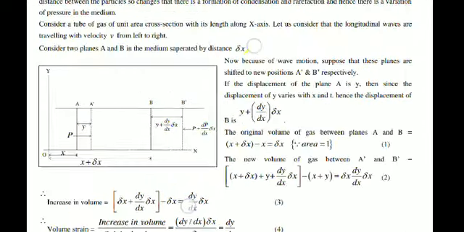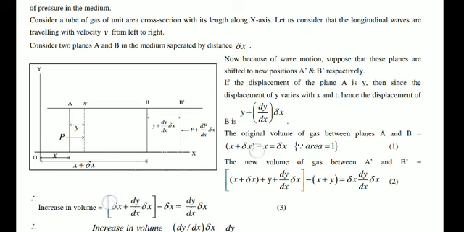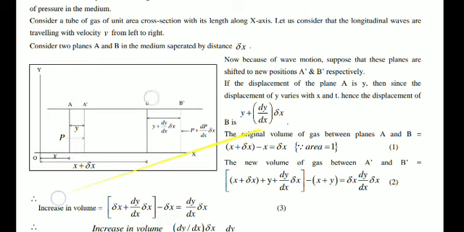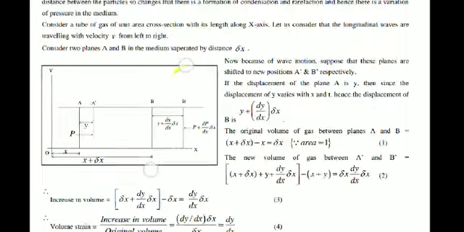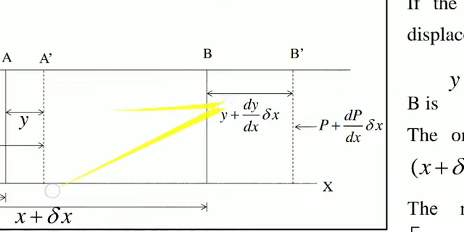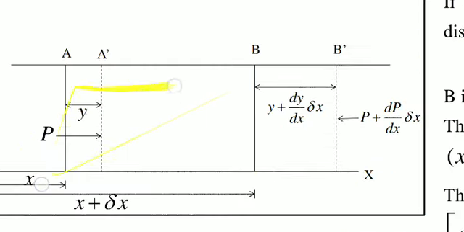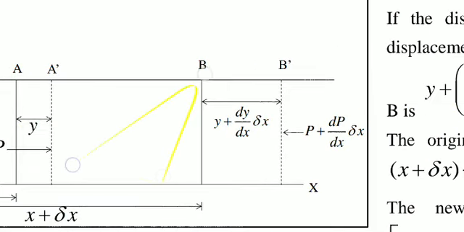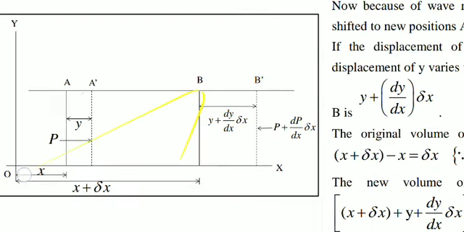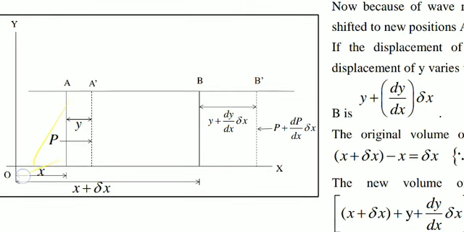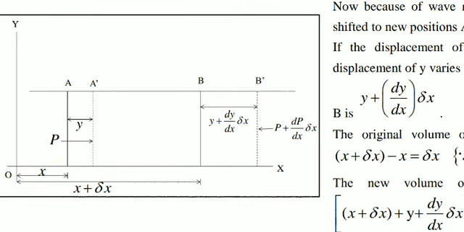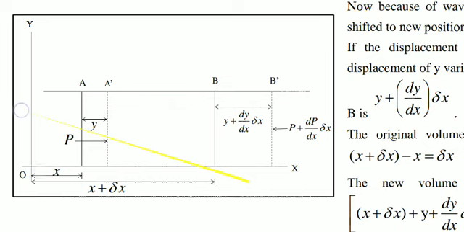Now what are we left with? We want to find the original volume of the gas between plane A and B. We are considering a plane with unit cross section, meaning the area of this plane is 1. So how do we find the original volume? What is the distance of plane B from the origin?